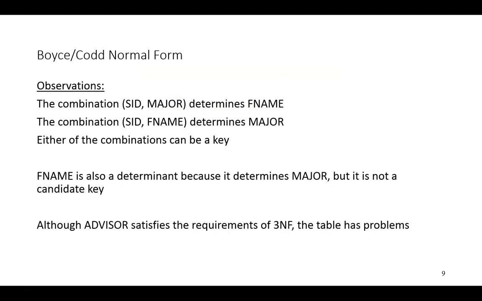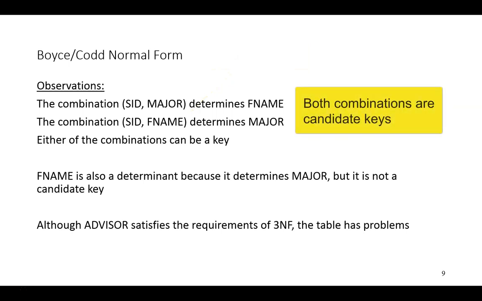Here are some observations from what we've just determined. The combination of SID and major determine faculty name. The combination of SID and faculty name determine major. Therefore, either of these combinations can be a key.